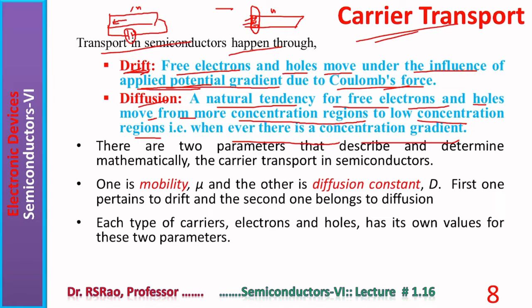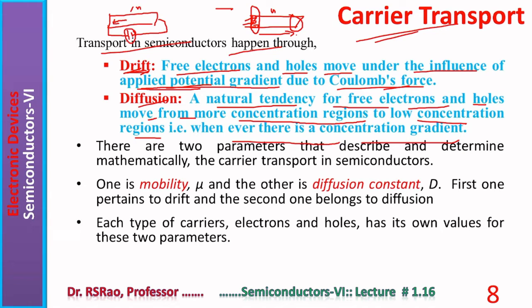Electron concentration here at this end is very high when compared to electron concentration at the other end. Therefore, one can easily notice there exists a concentration gradient along the length of the slab. There's a difference in concentration levels as we move along the length of the slab.